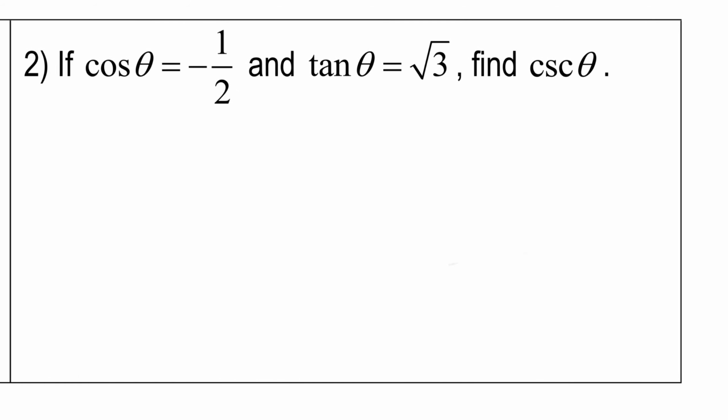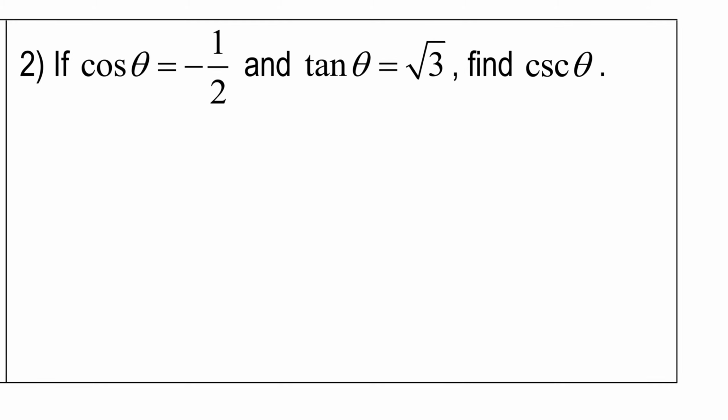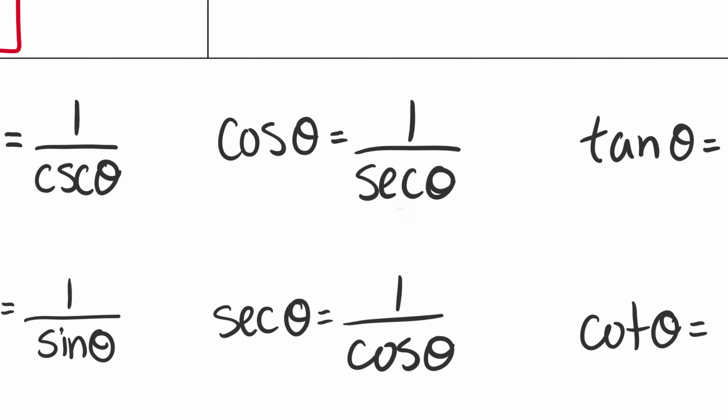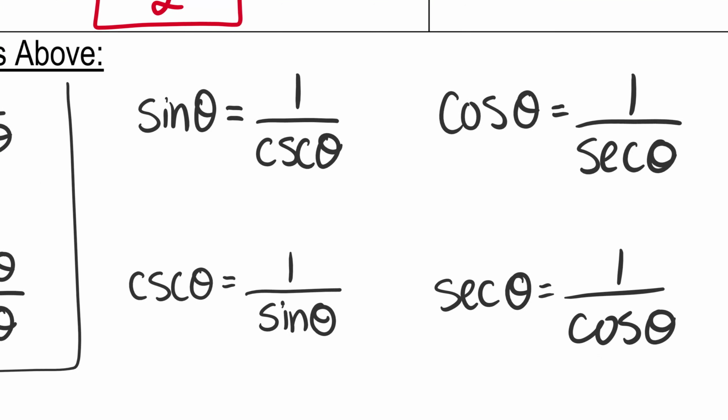Number 2. Notice I gave you 2 things because you will need them. If cosine theta equals negative 1/2, tangent theta equals square root of 3, find cosecant. Well, if I want cosecant, cosecant is 1 over sine, or sine is 1 over cosecant. So if I can find sine, I can flip it and get cosecant.